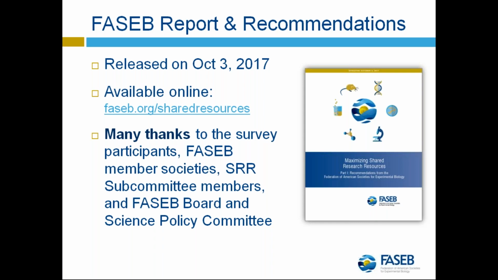Part 1 presents our 10 recommendations to optimize sharing, and Part 2 contains our discussion and survey analysis. We thank all of the scientists and people in FASEB societies who contributed to this effort. And if your institution or department is looking to optimize resource sharing, please send them a copy of this report.